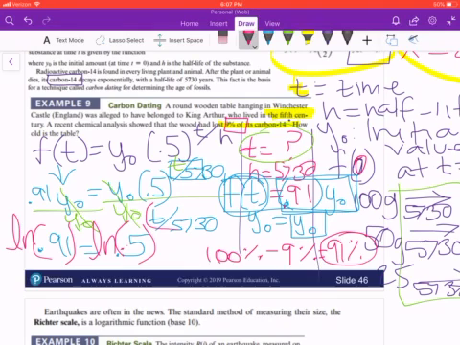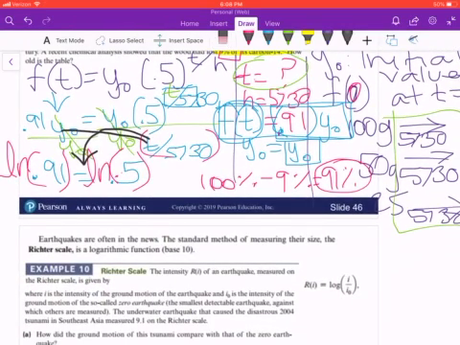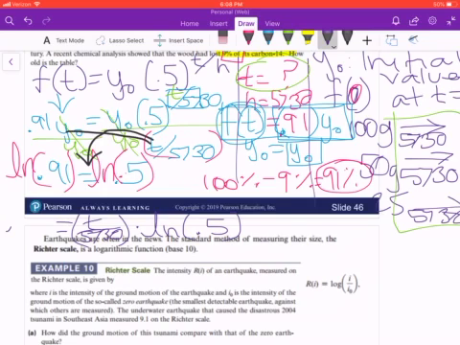And then we're going to use the power property that says that we could take the exponent to the front of the logarithmic expression. And so it will be t divided by 5,730 multiplied by natural log of 0.5. That's what we have so far on the right side. And on the left side, we'll have the natural log of 0.91.